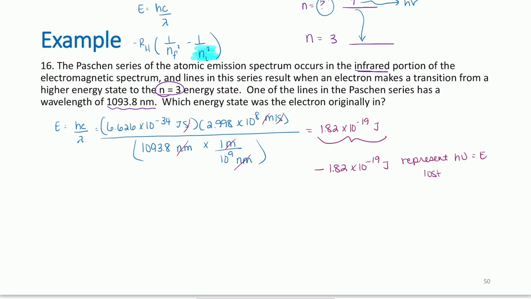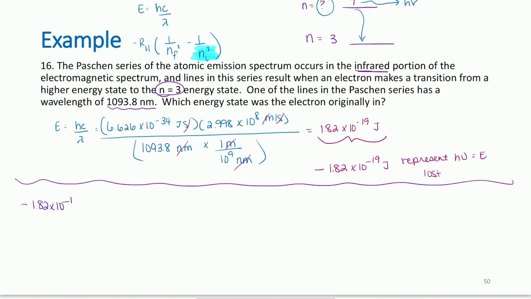So, go ahead and use our next equation. I'm going to put negative 1.82 times 10 to the negative 19th joules equals negative 2.18 times 10 to the negative 18th joules times 1 over 3 squared minus 1 over n initial squared.